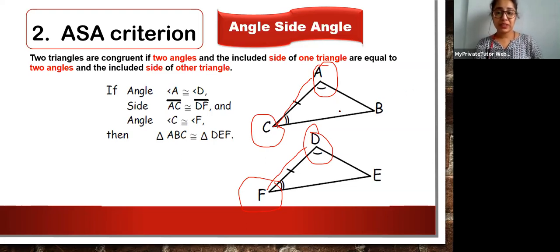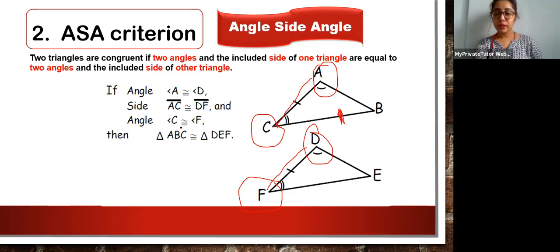If the side were not between the two angles, then you cannot prove by ASA test that the triangles are congruent. Getting my point? The side should be in between them.